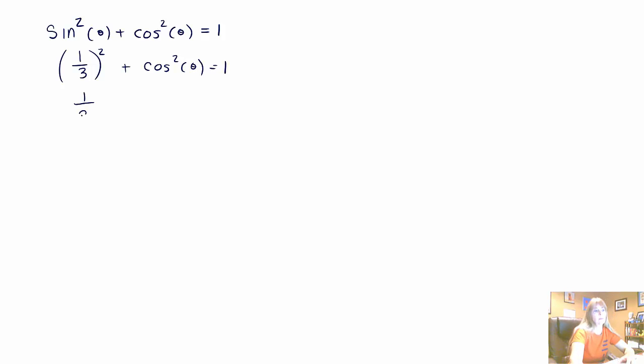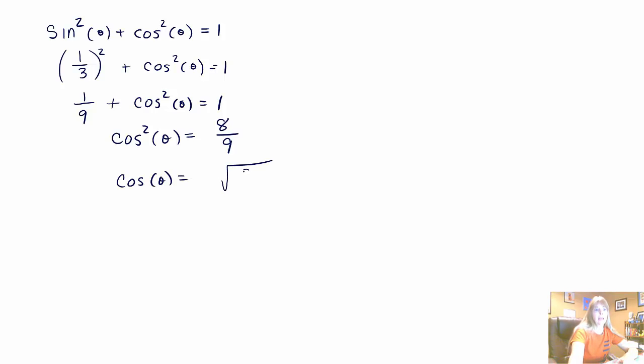So of course that becomes 1/9 plus cosine squared theta equals 1. When I subtract it, I get cosine squared theta equals 1 minus 1/9, or 9 over 9 minus 1/9. So that becomes 8/9. And now when I take the square root, once again, this is the only trick I have to remember.